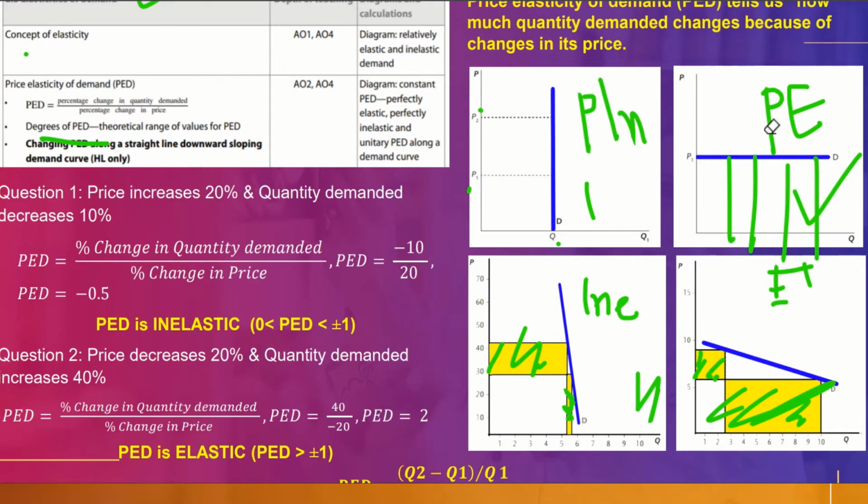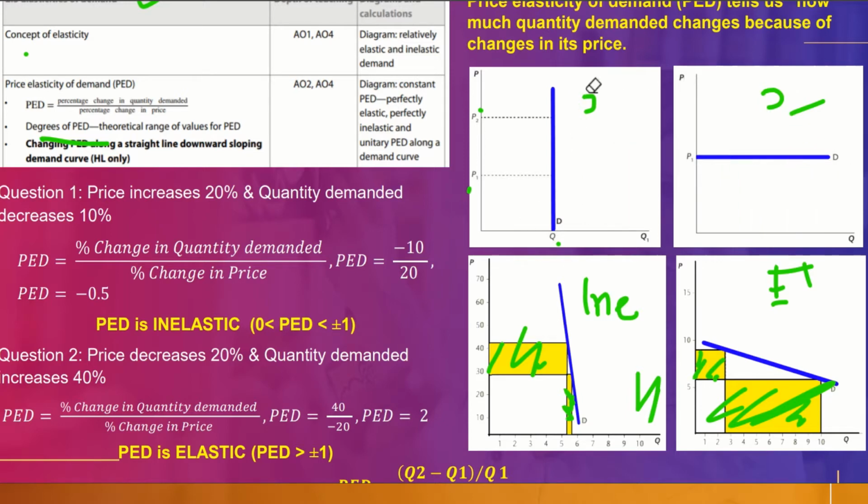In the two extreme cases, perfectly inelastic and perfectly elastic: for perfectly inelastic, the PED value is 0, and for perfectly elastic, the PED value equals infinity. These are the two. And for unitary elastic, PED value equals 1. Remember, unitary elastic, PED value equals 1.